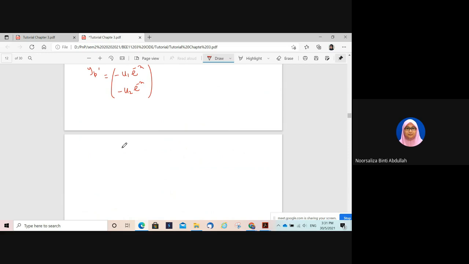So equation asal you adalah Y prime equals to A Y plus G. Okay. So now you replace this YP prime equals to A YP plus G. Betul?